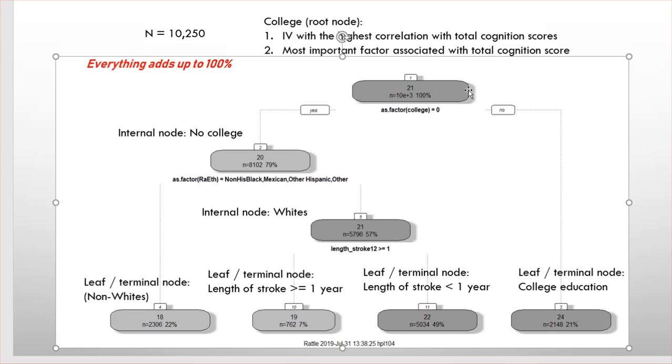And if you look at the right side of the root node, they consist of those with college education. About 21% of our respondents have college education. As you can see from here, the predicted total cognition score is lower for those without a college education. It is 20 for those without a college degree, but it is 24 for those with at least a college education.